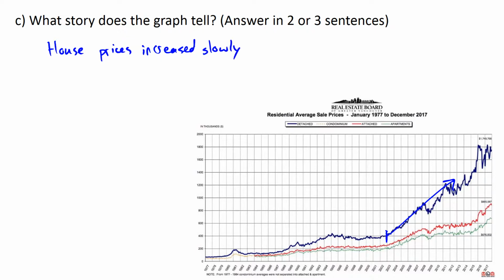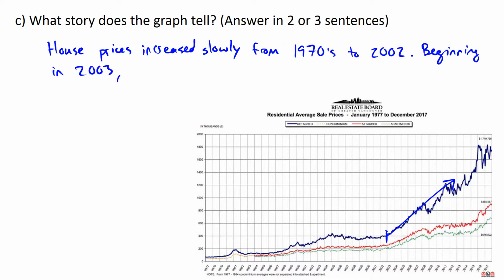So there's nothing out of the ordinary about a slow increase in house prices from the 1970s, which is the beginning of our graph, to 2002, and beginning in 2003 prices have increased rapidly. So I would say that that's the general story that the graph is telling.